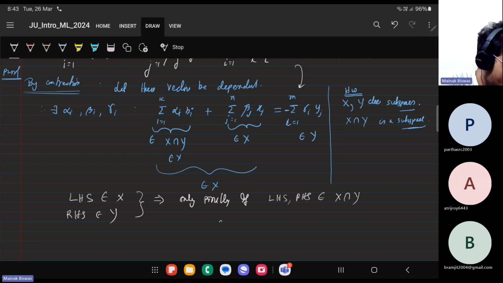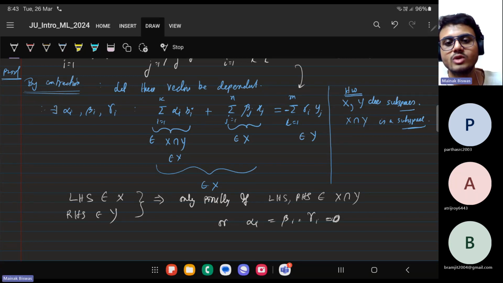Or alpha i equal to beta i equal to gamma i equal to 0. These are the only two cases, right?